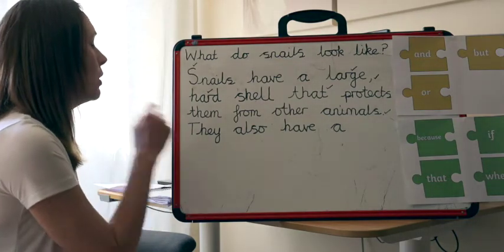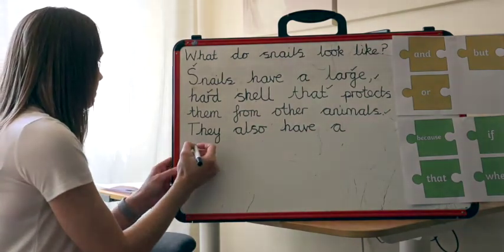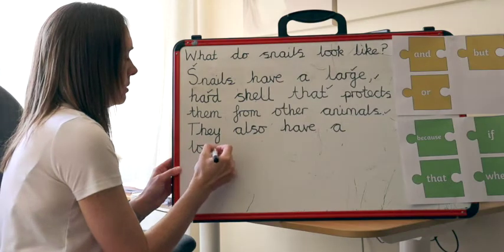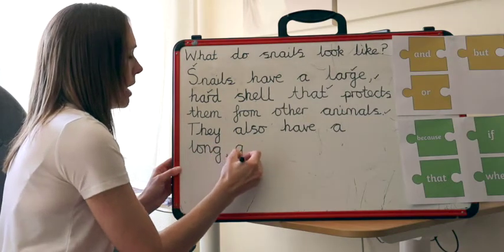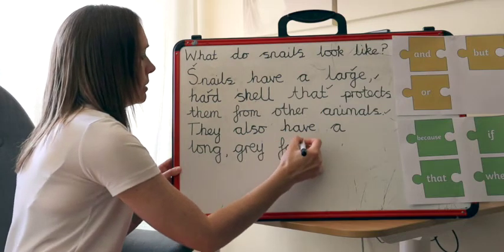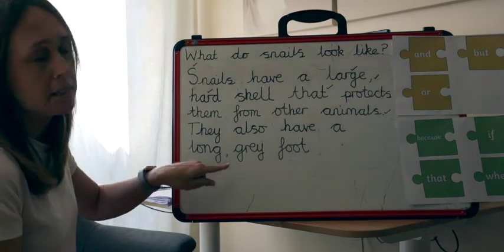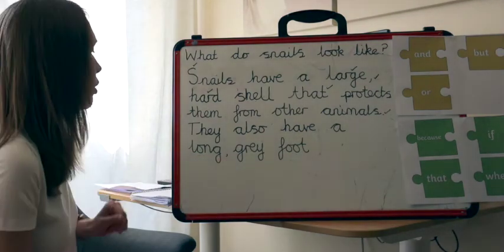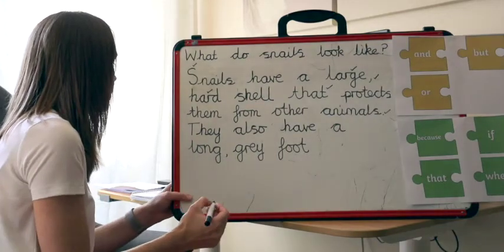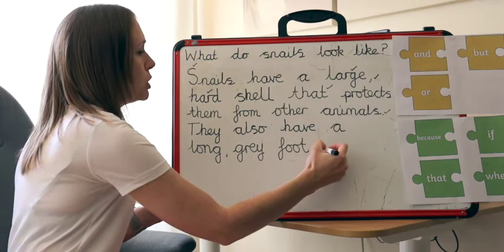So I'm going to put they also have a long grey foot. And again, remembering that when I'm writing a list, I need to remember to put in my comma. They also have a long grey foot which they use to move.